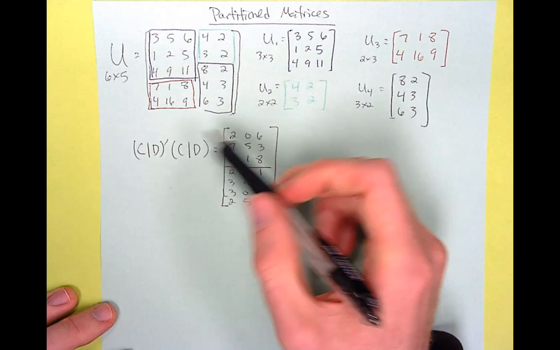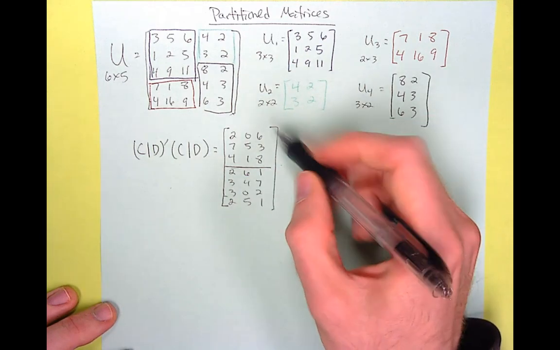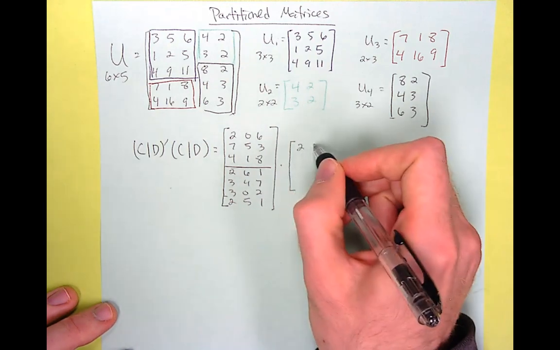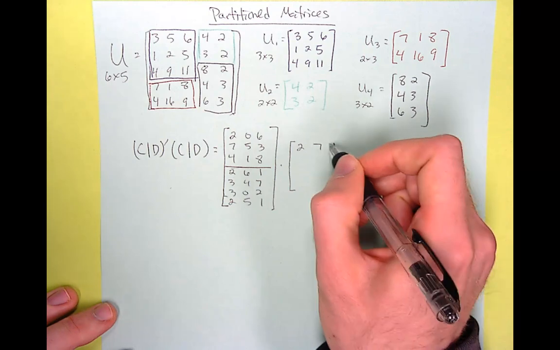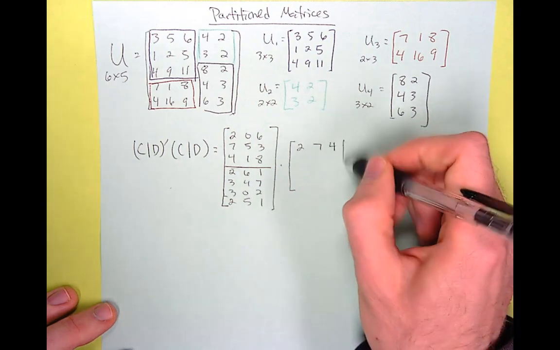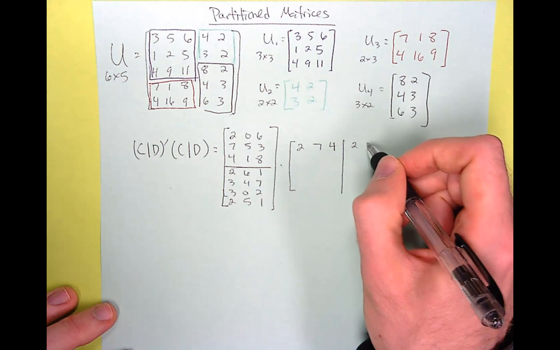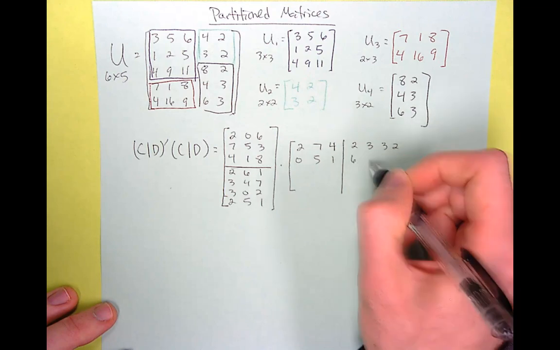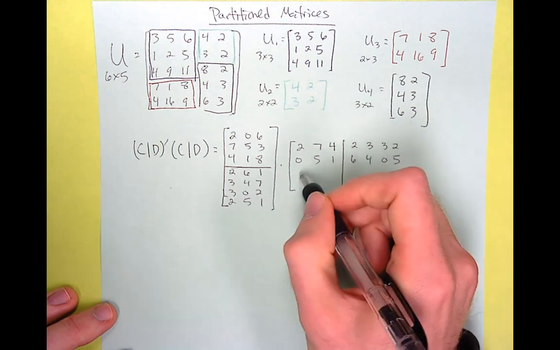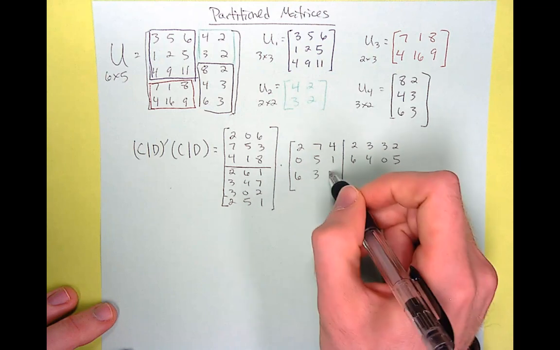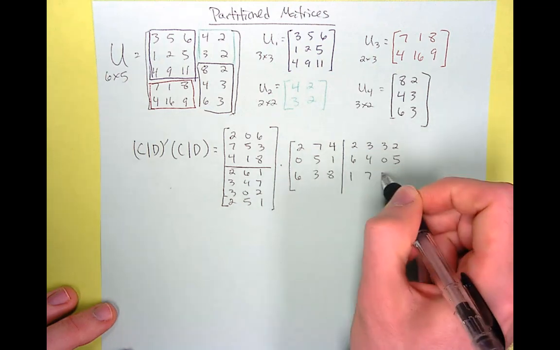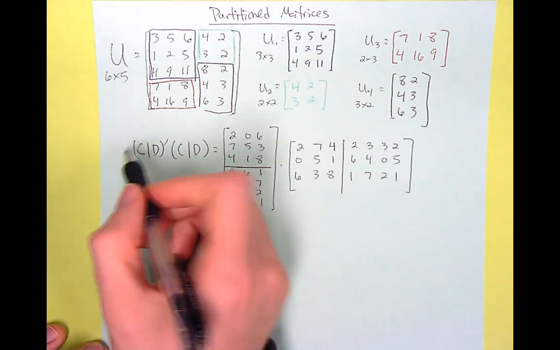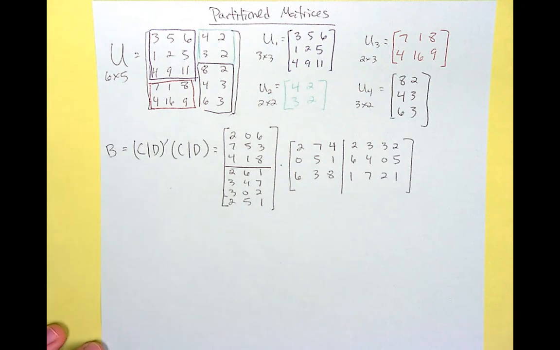So that's the transpose of our CD, and we're multiplying it by our adjoined CD matrix, going across 2, 7, 4, separated, 2, 3, 3, 2, 0, 5, 1, 6, 4, 0, 5, and then we have 6, 3, 8, 1, 7, 2, 1, our original CD matrix. And let's just call this B to be short.